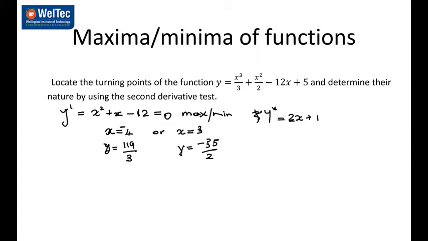Okay, so we need to look at the second derivative when x is negative 4, so call that point 1, and call x equals 3 point 2. At point 1, where x is equal to negative 4, the second derivative is negative, so there's a maximum there.